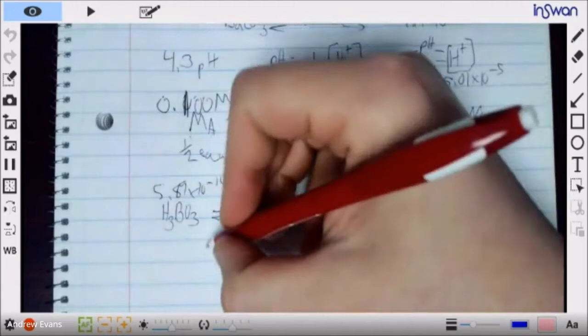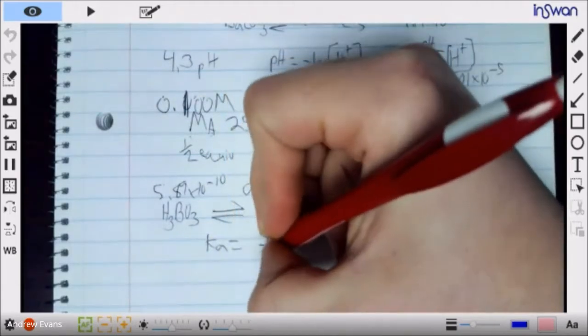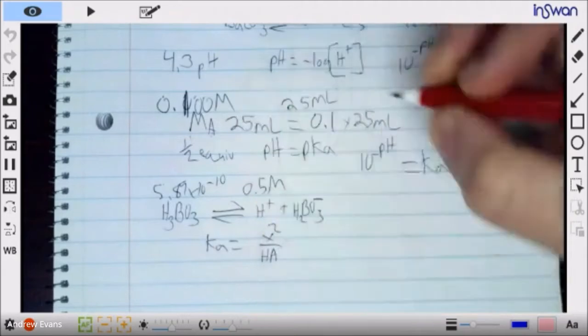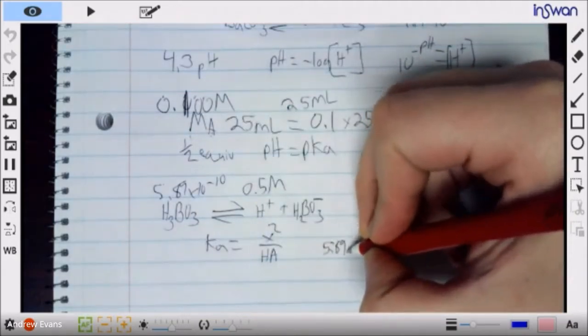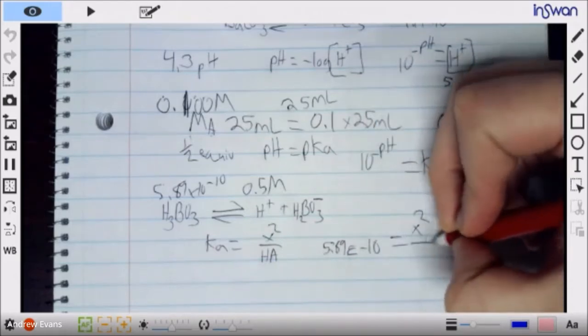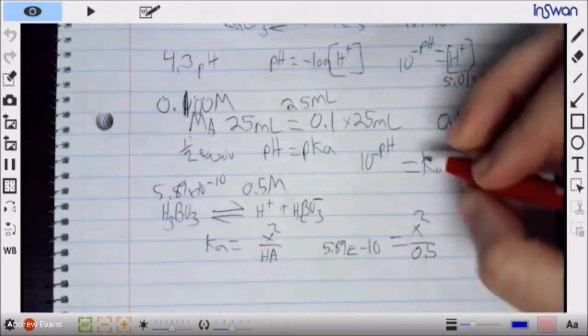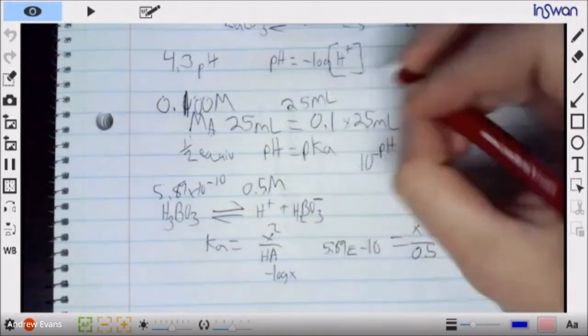You would have Ka equals x squared over our HA. So it's going to be 5.89 E negative 10 equals x squared over 0.5. We solve for x, then we take the negative log of our x.